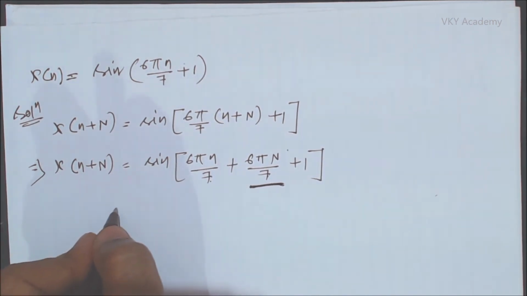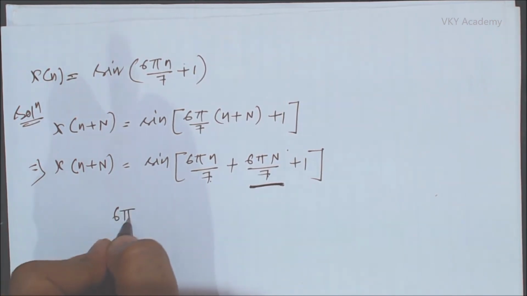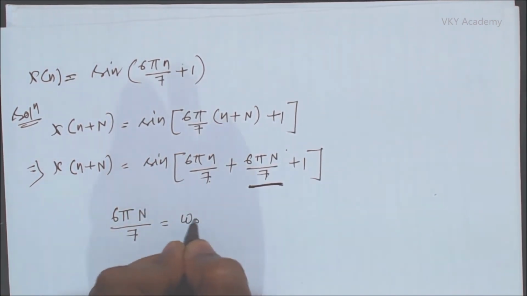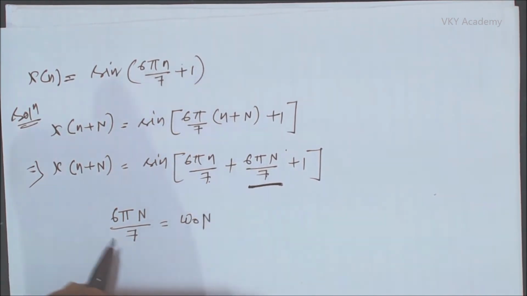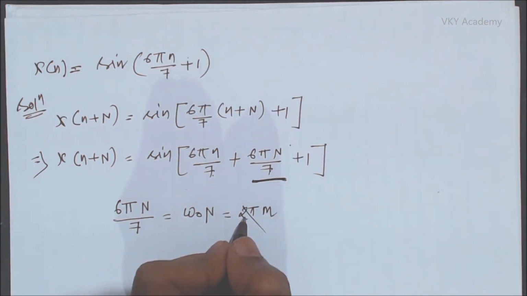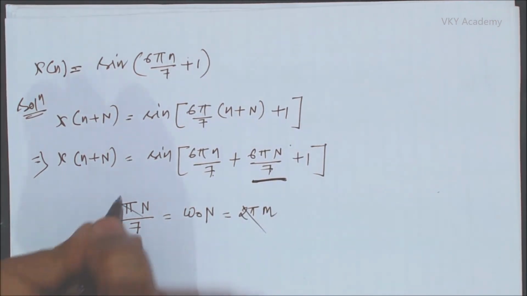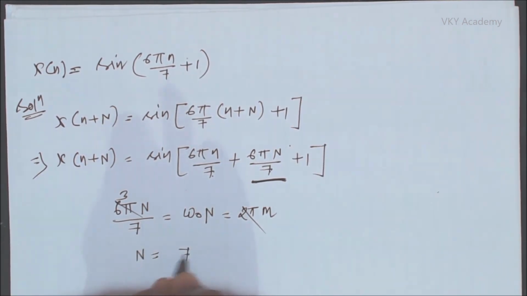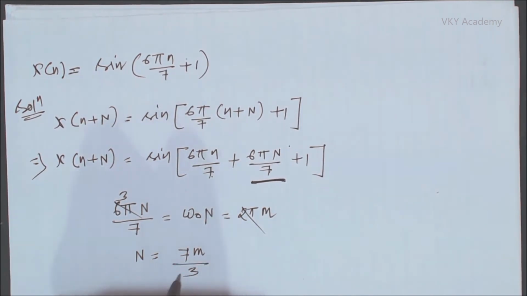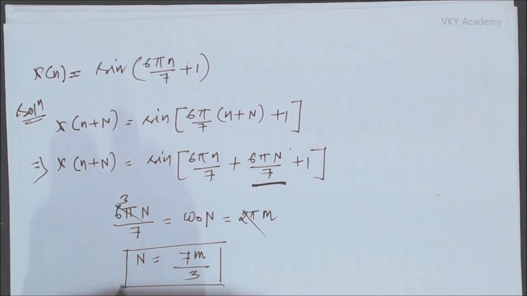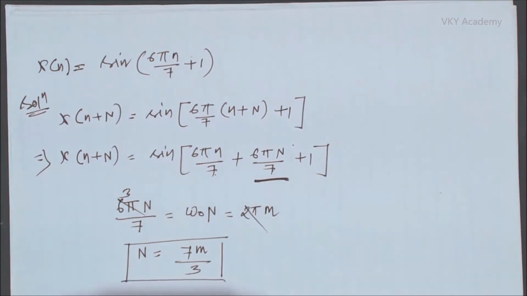As we discussed in the previous class, 6 pi capital N divided by 7 is equal to omega naught capital N, which is equal to 2 pi into small m. This is 2 pi, this is 3. Now capital N is equal to 7 into small m divided by 3.